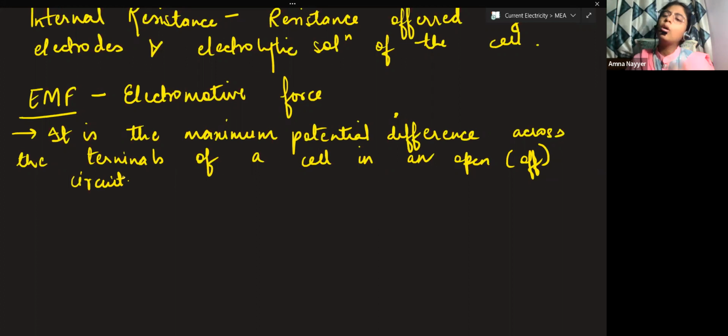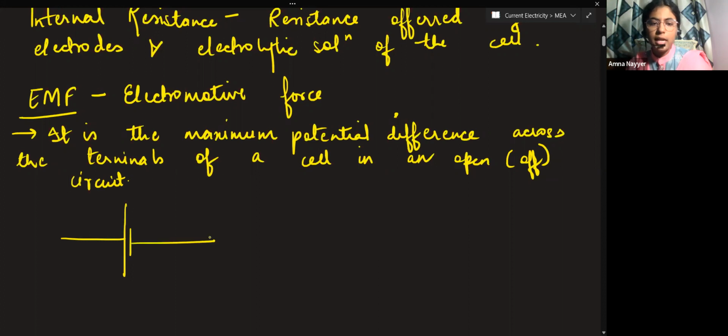So the SI unit will also be volt. All the properties of voltage are valid. Now see, this is a representation of a cell. In the representation of a cell, you must have noticed that I always draw a bigger line and a smaller line together.